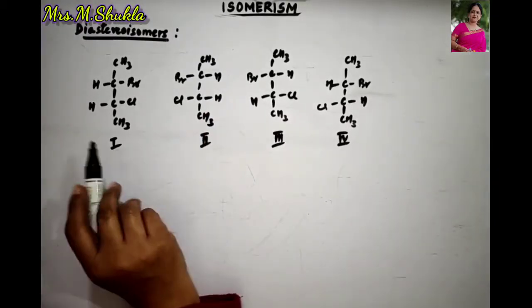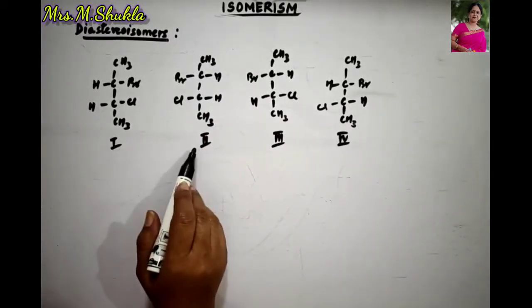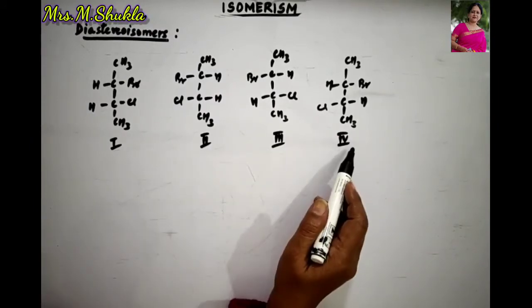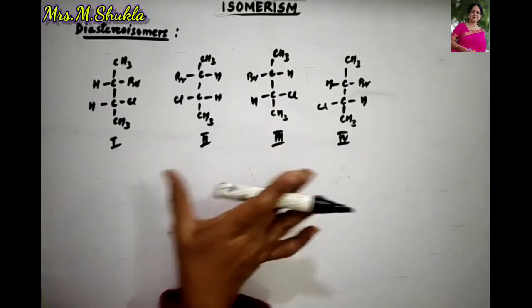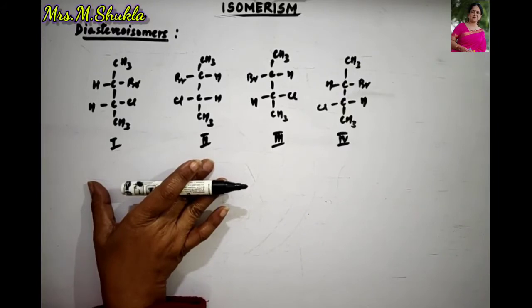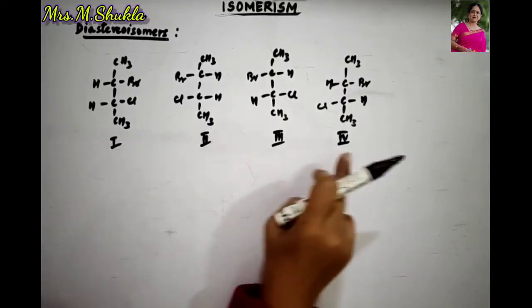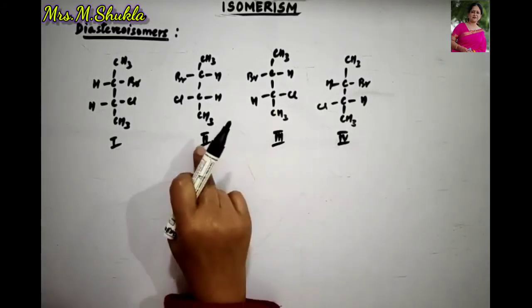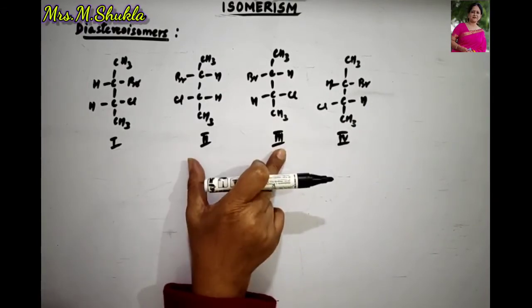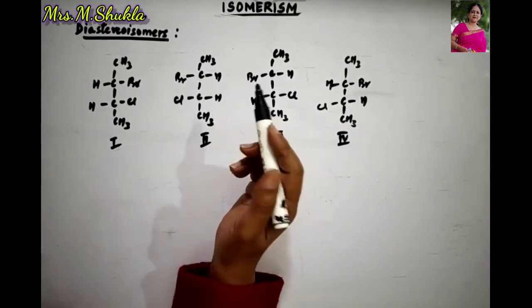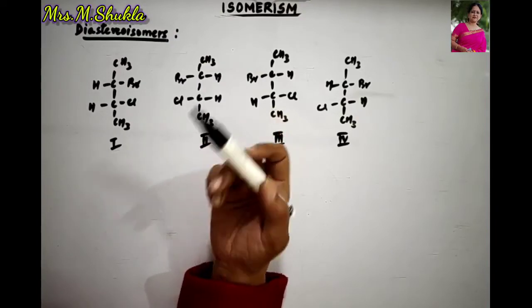Like for example, if you look at structures 1 and 2, and 3 and 4, they are a pair of diastereoisomers, right? Similarly, 1 and the 4th one, and the 2nd and the 3rd one, these are the diastereomers. Again, I repeat, what are the diastereomers?